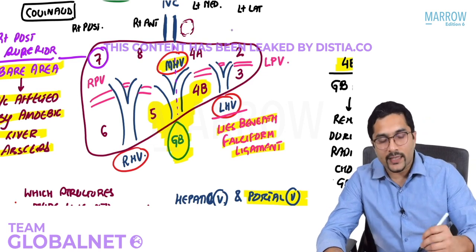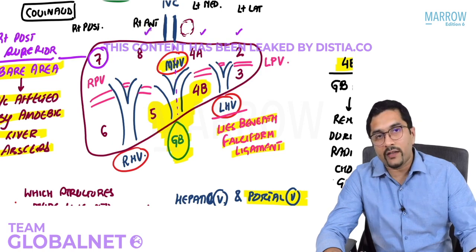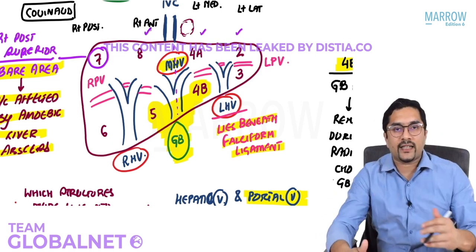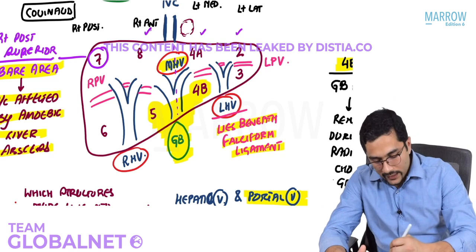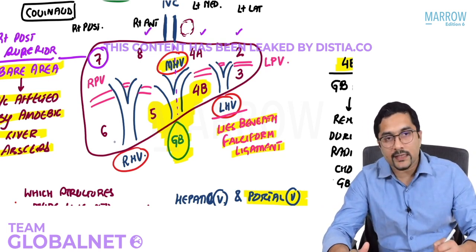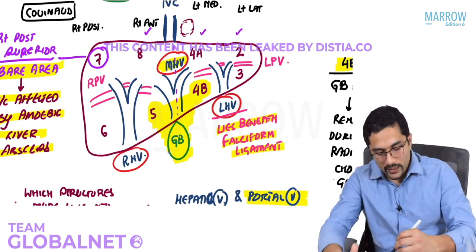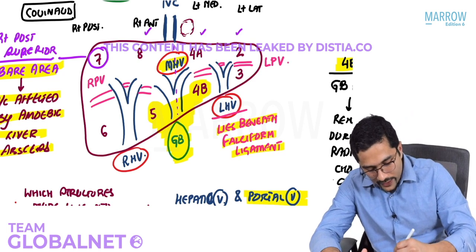So left trisectorectomy will be 2, 3, 4A, 4B and 5 and 8. This would be left trisectorectomy or extended left hepatectomy. And right trisectorectomy will be 6 and 7, 5 and 8 and 4A and 4B. That will be extended right or right trisectorectomy.